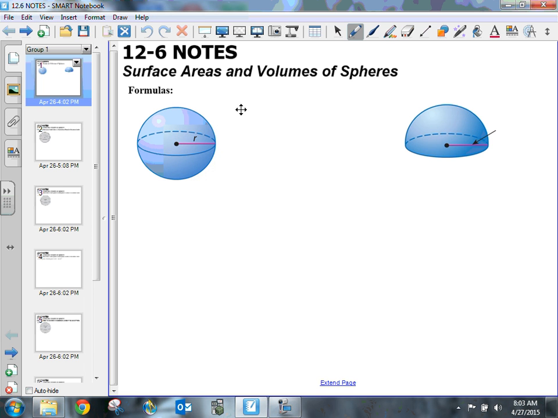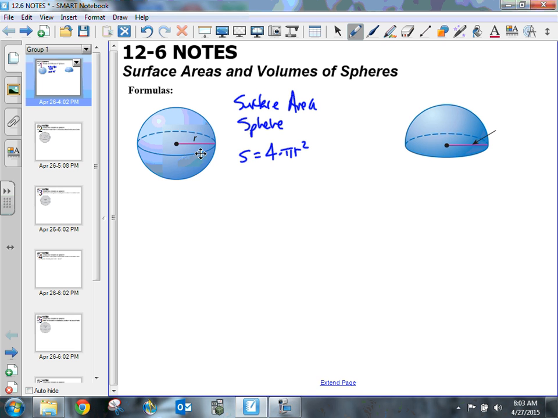But let's talk about the surface area of a sphere. I'm going to denote that as S. What we do is we take 4 times pi r squared. Okay, and this is our radius. You can think of this as the great circle, and that's the largest possible circle that we could have on this, cut through the very center.